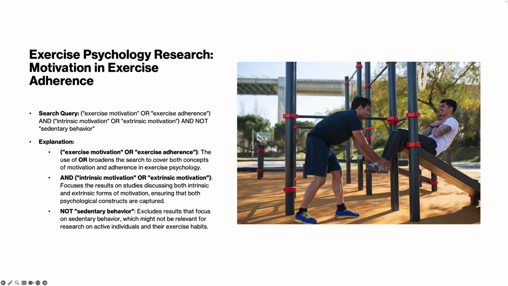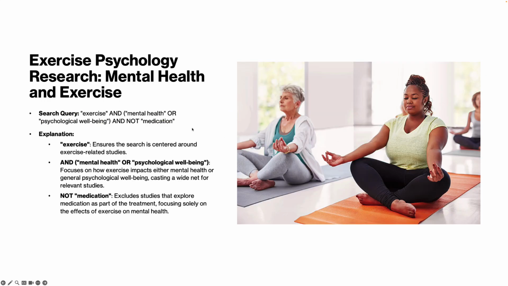Okay. And then let's look at this one here. Let's say I want to do exercise psychology in mental health and exercise. So this one's pretty easy, right? Search query, exercise and, right? I want you to find this word and this word or this word, right? So I'm putting it in parentheses because this and this could be used interchangeably, right?